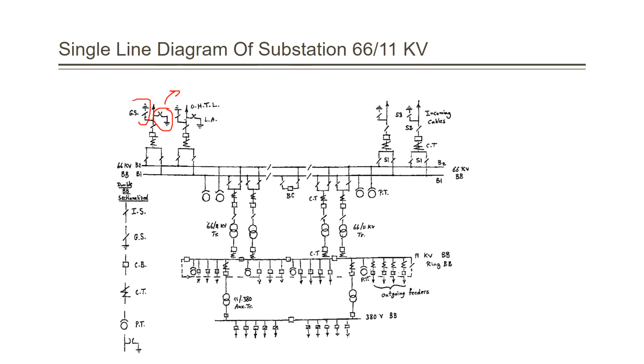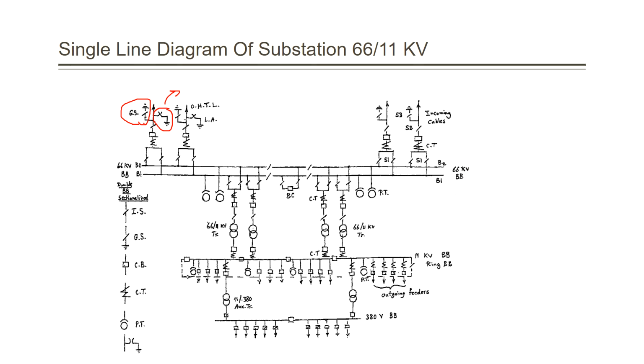Second component is the grounding switch. What is the benefit of the ground switch? When we turn it on, and of course everything is off, the circuit breaker here is off, the isolating switch here is off, the grounding switch takes all of the charges inside the transmission line and grounds it.